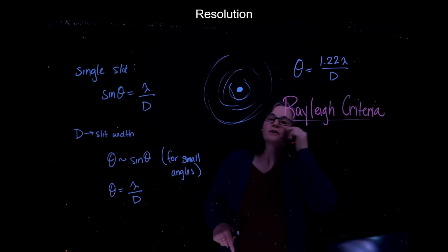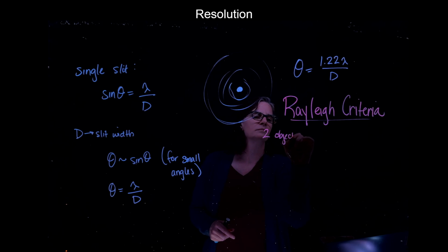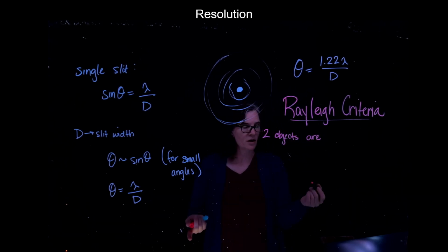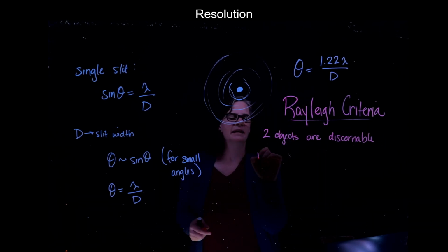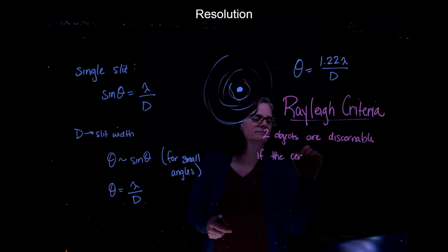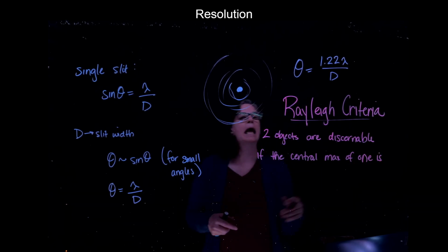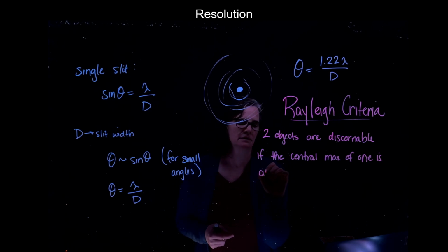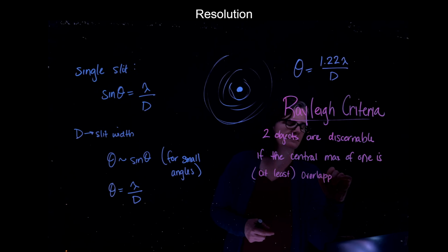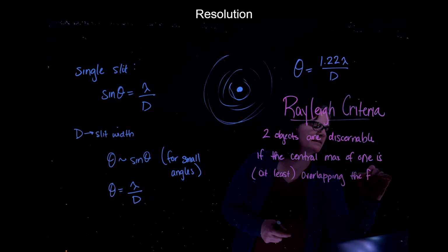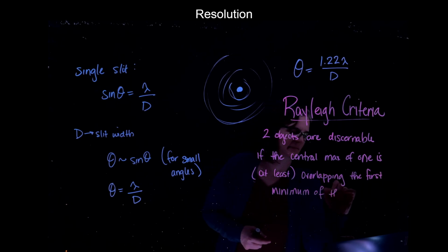This criteria tells us that two objects are resolvable or discernible if the central maximum of one is at least overlapping the first minimum of the second.